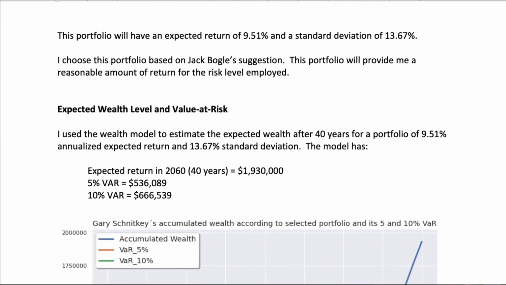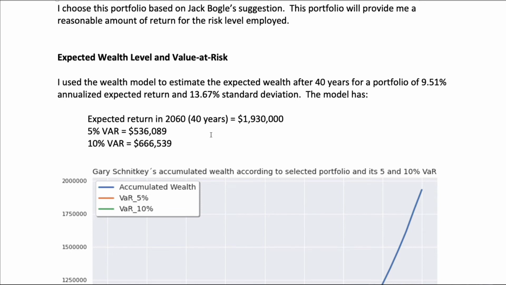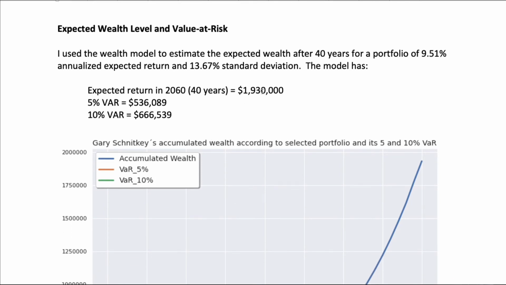All right. Well, I also asked you to tell me what the expected wealth is in 2060, 40 years from now. I calculated that using our wealth model. Again, that is on our website, so that has 1.9 million expected wealth level in 2060. 5% VAR is 536,089.